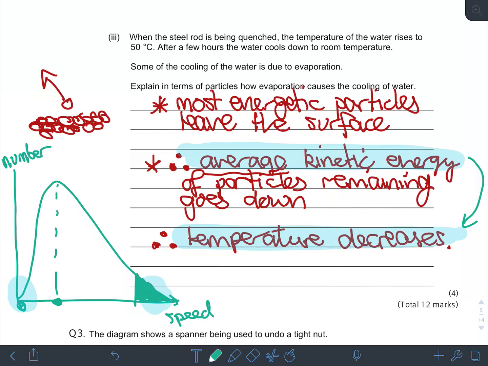So if they go, then the average is going to go down. And remember the analogy: if the whole school goes on a running race and then I take the 10 fastest runners away, and we do the race again, then the average speed of everyone left is going to be lower because I've taken away those really fast runners. So this little sequence is a really important one. If you can get this nailed on, that would be really, really great.